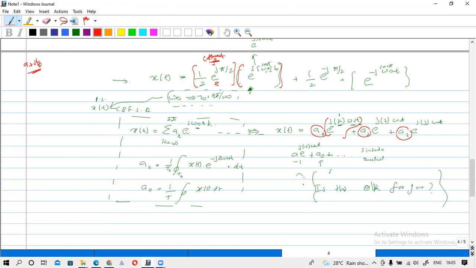Actually, you can find this value easily. You can use the Euler formula: cos(pi/2) plus j sin(pi/2). You know that sin(pi/2) is 1 and cos(pi/2) is 0. So you will get j. So this value is 1j actually.